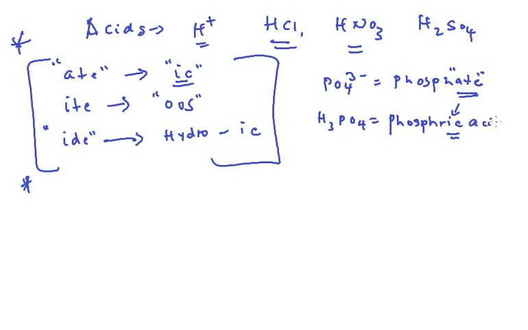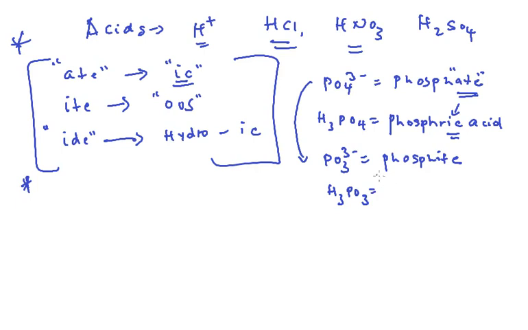Phosphoric acid. Now, if you have phosphite, let's say you have PO3 3-, this is phosphite, which comes from phosphate. The corresponding acid made from phosphite is going to be H3PO3.